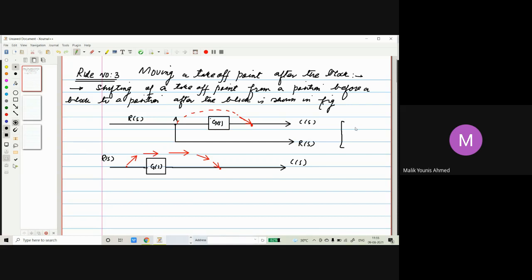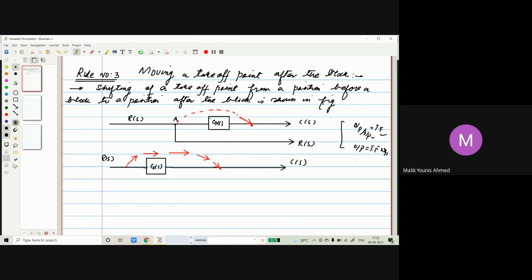In generalized form, output by input is the transfer function. But here we know the input and we know the transfer function, so we should find the output. Output will be transfer function into input.